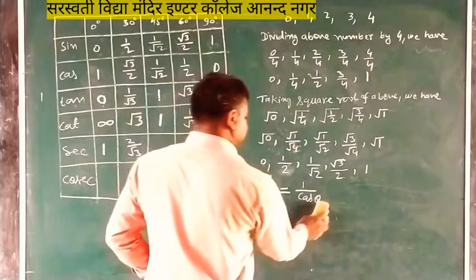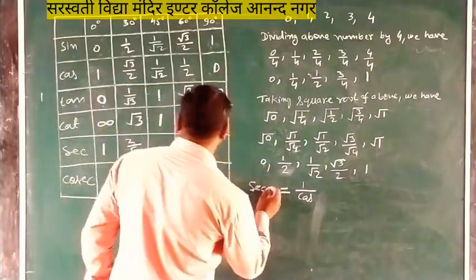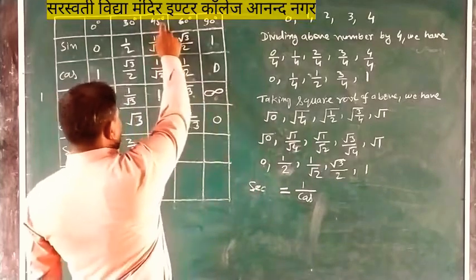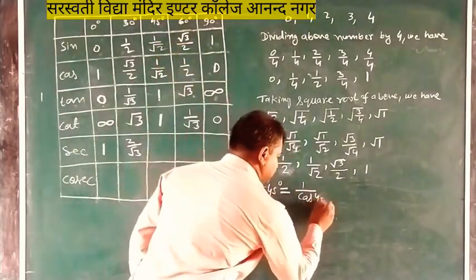Clear? Next, sec 60 degree, sorry, not 60, firstly we will find 45 degree. Sec 45 degree is equal to 1 by cos 45 degree.